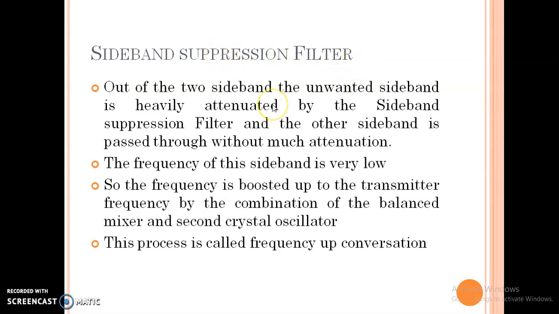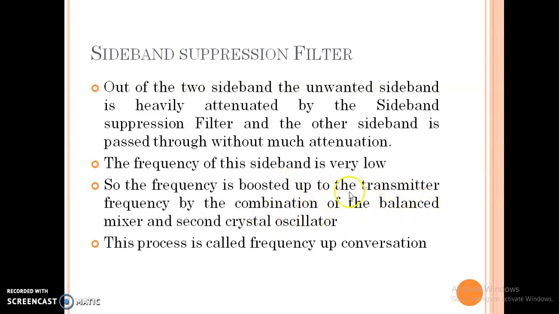It suppresses the one sideband and passes the second sideband. The frequency of the sideband which is passed is very low. So to boost the frequency of this sideband, we will use the balanced mixer.